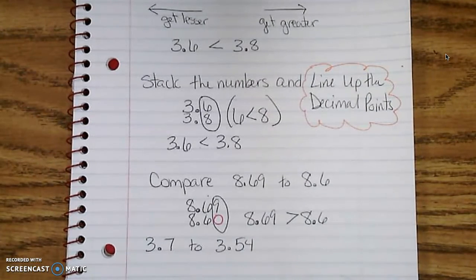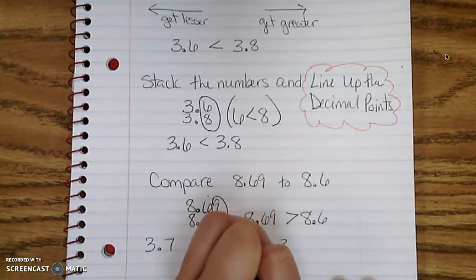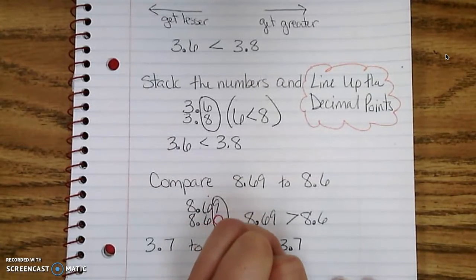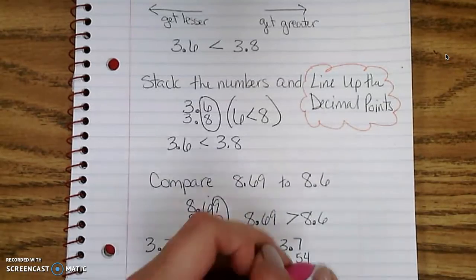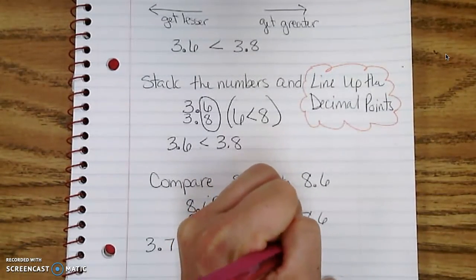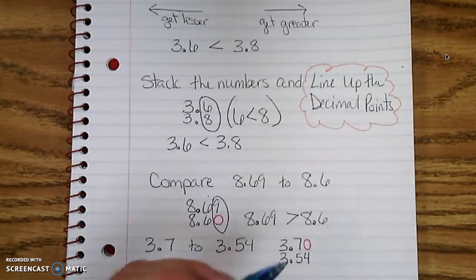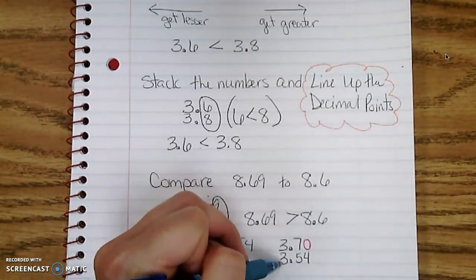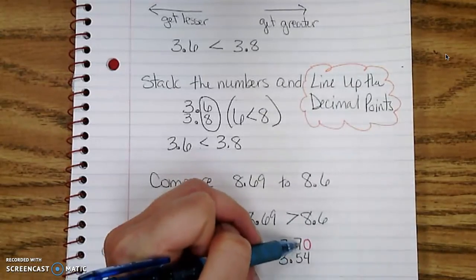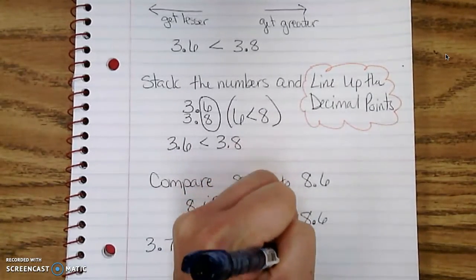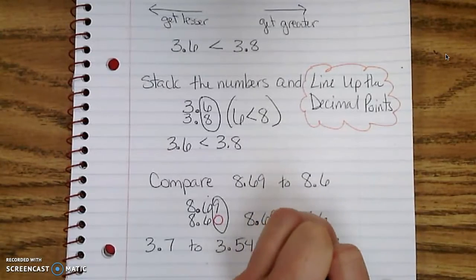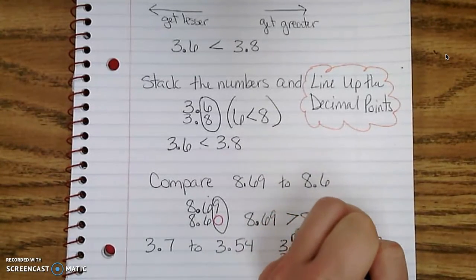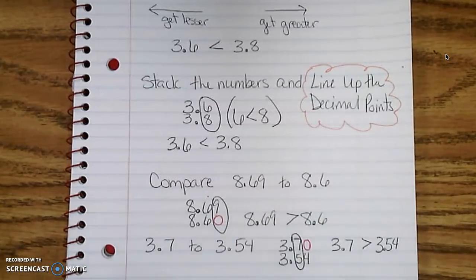But if I stack these numbers by place value and annex a 0 here, then starting on the left, 3 and 3 are equivalent, so they don't help. 7 and 5: here's the place value that tells me which one's greater, and 7 is greater than 5. So 3 7/10 is greater than 3 54/100.